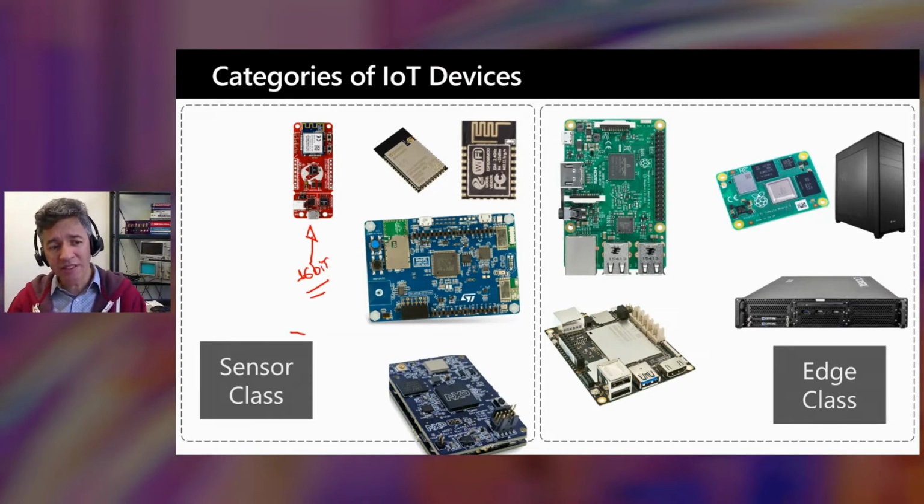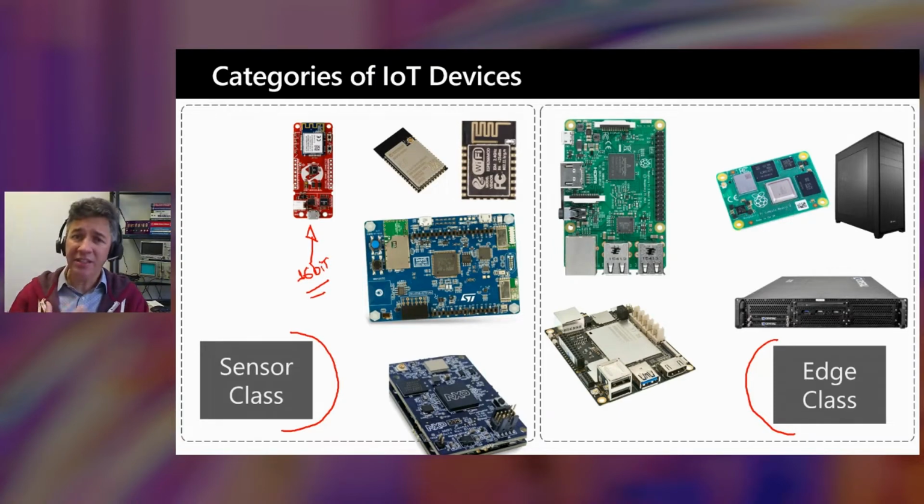These will all be the sensor class devices, and all of the other ones to the right here will be the edge class devices. So this is important because our SDKs and your choices when connecting your devices to the Azure IoT platform will likely be aligned with one or the other.